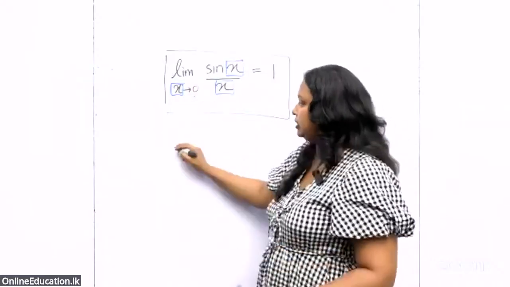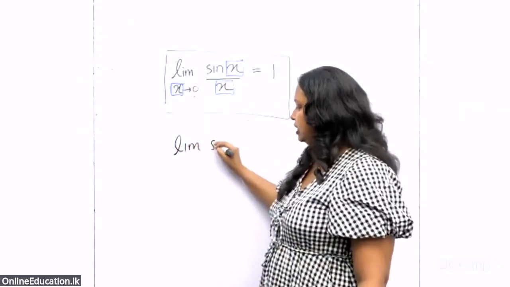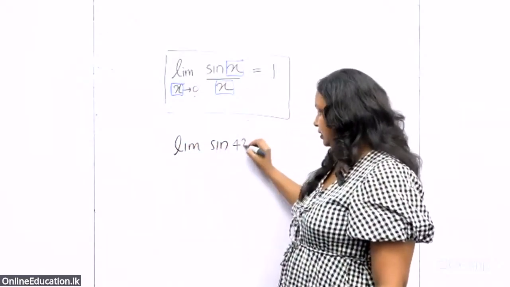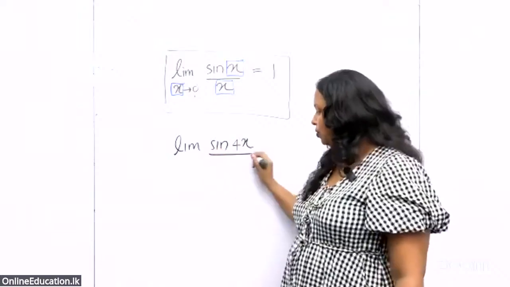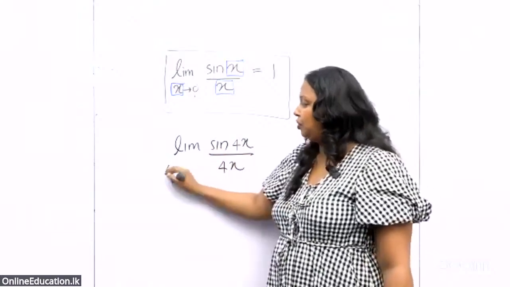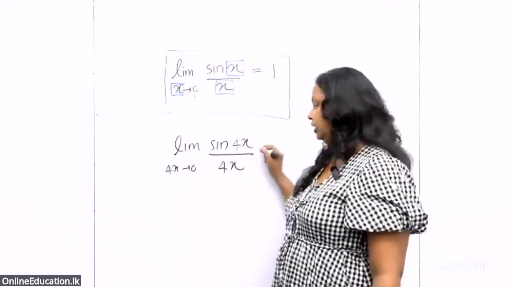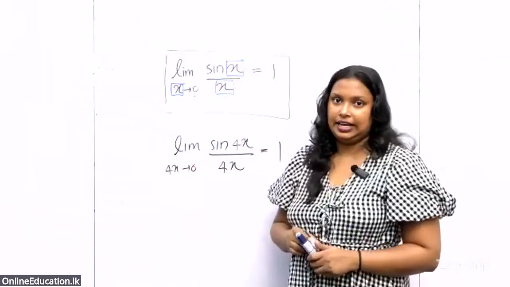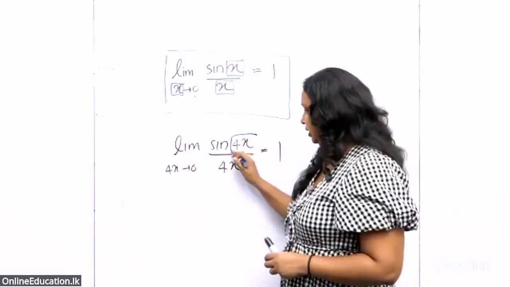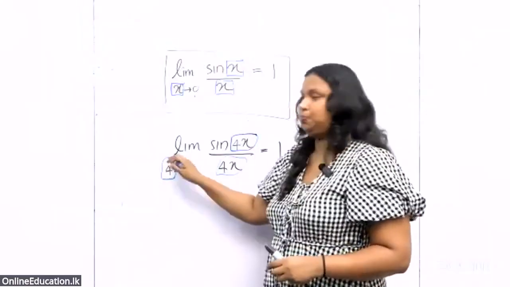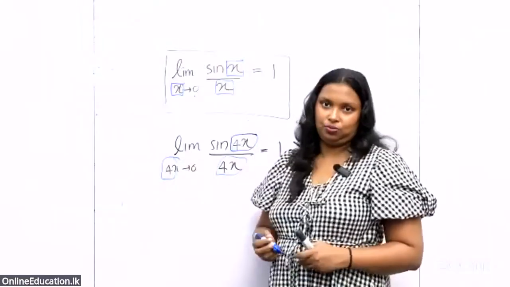For example, limits of sine 4x over 4x when 4x tends to 0, the answer will be 1. The angle should be the same, and it should tend to 0.